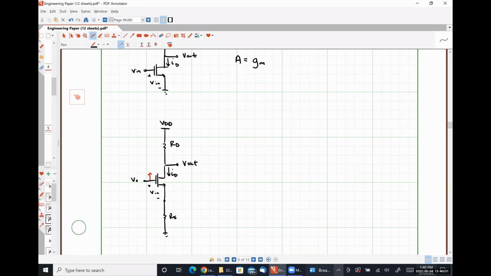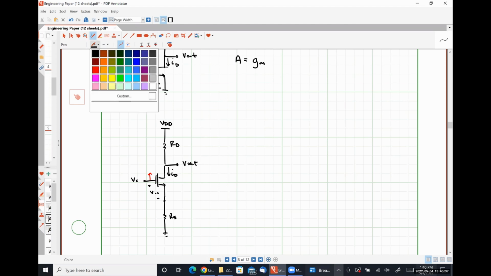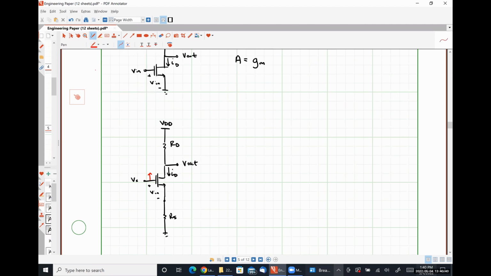As VGS increases, what happens to ID? It's bigger. If ID goes up, what happens to the voltage drop across RS? RS is carrying more current. Ohm's law tells us that that voltage drop increases, right?